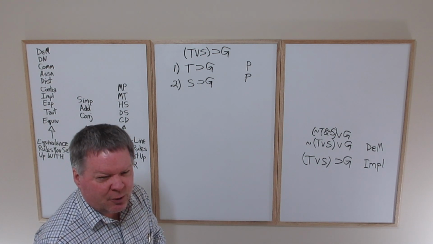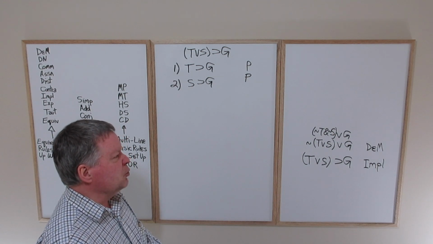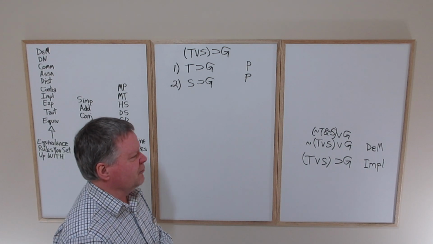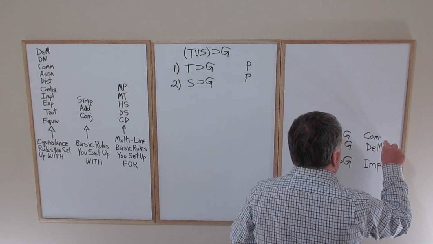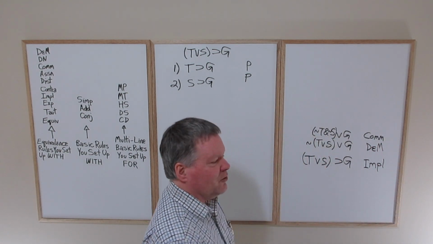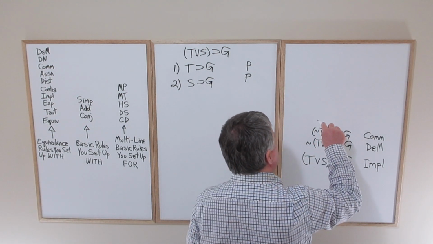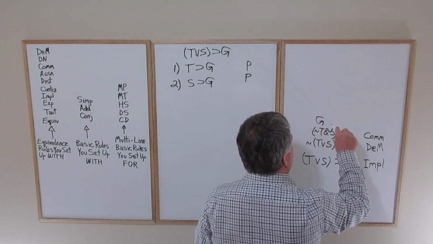How are we going to get this sentence, given that there's going to be a distribution involved? Hopefully you're familiar enough with the distribution rules to see how things have to work at this point. If there's a distribution involved, we would have to get this sentence by commutation from this one.